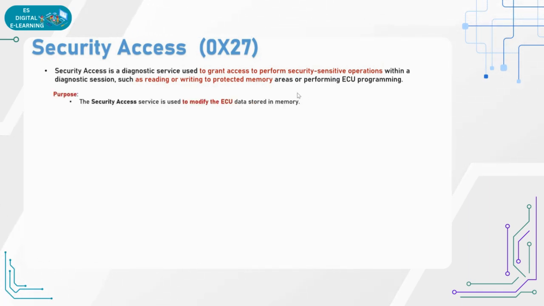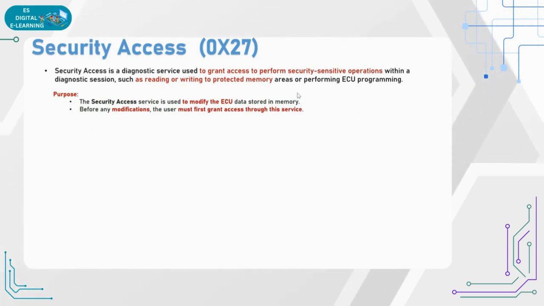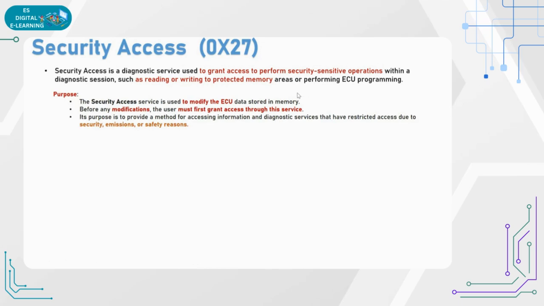Next, what is the purpose? We can modify the data in the ECUs, and first we need to get the permission. Then only can we do the modifications. Without that, we cannot perform any action. With the help of these services, we are able to read or modify information related to safety or security concepts.